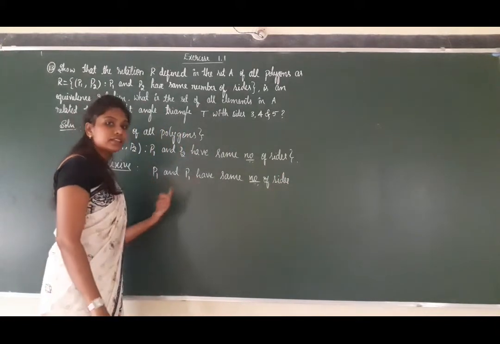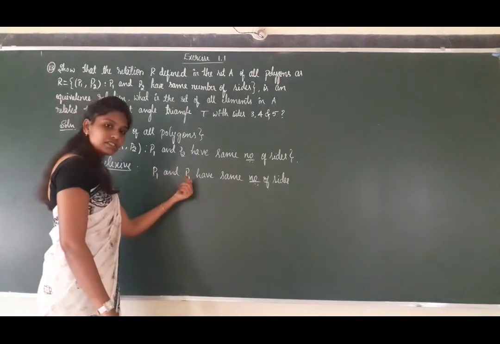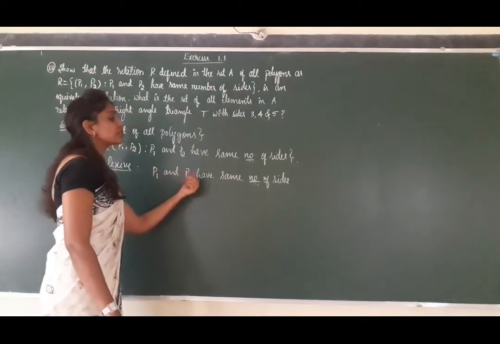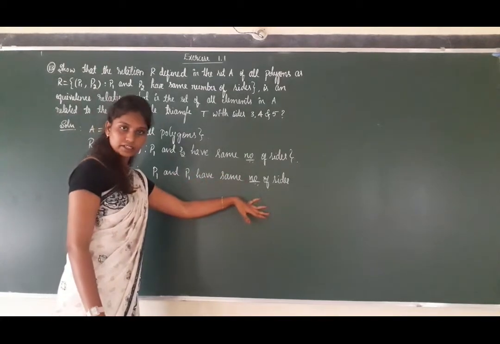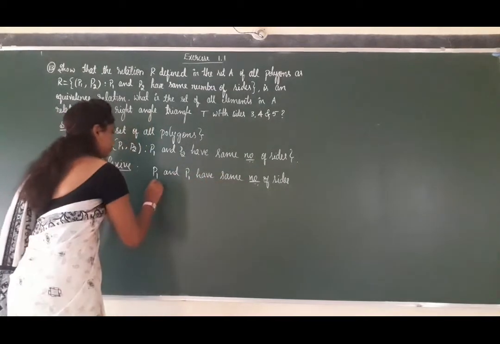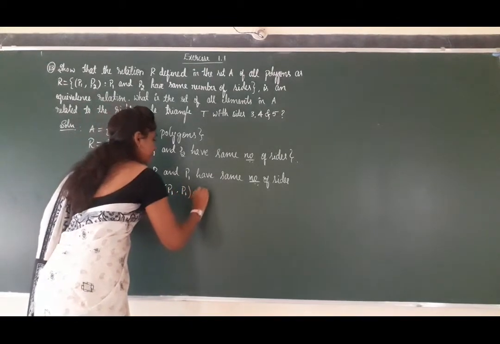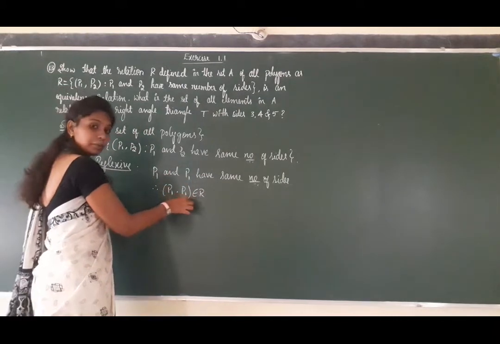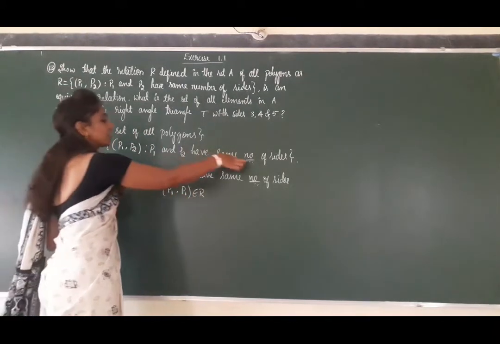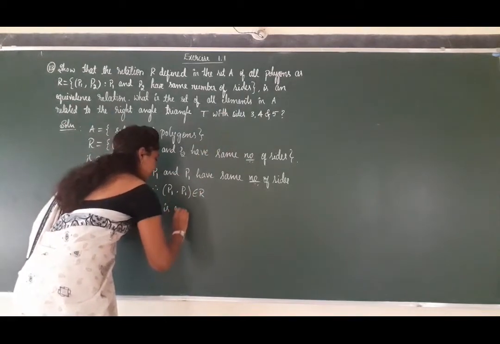It has 3 sides, right? So P1 here also is the same P1. That is also 3 sides. That is also a polygon which has 3 sides. So therefore (P1, P1) belongs to R. P1 satisfies this condition. Therefore R is reflexive.